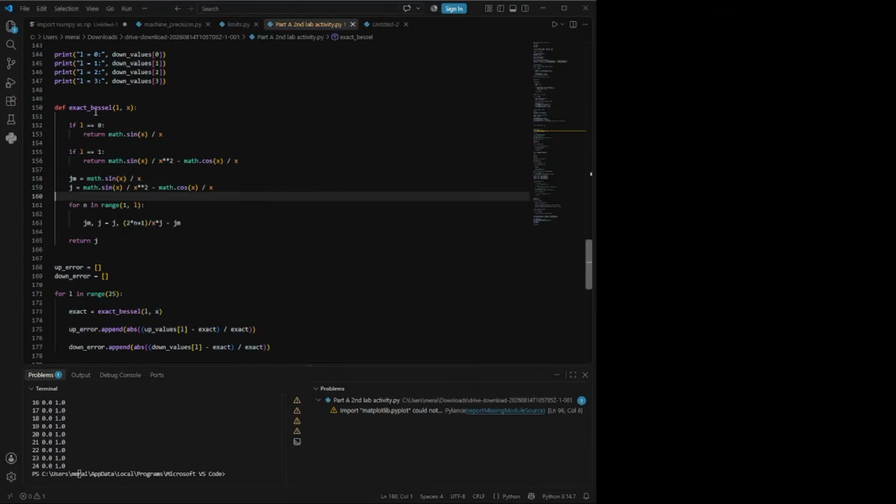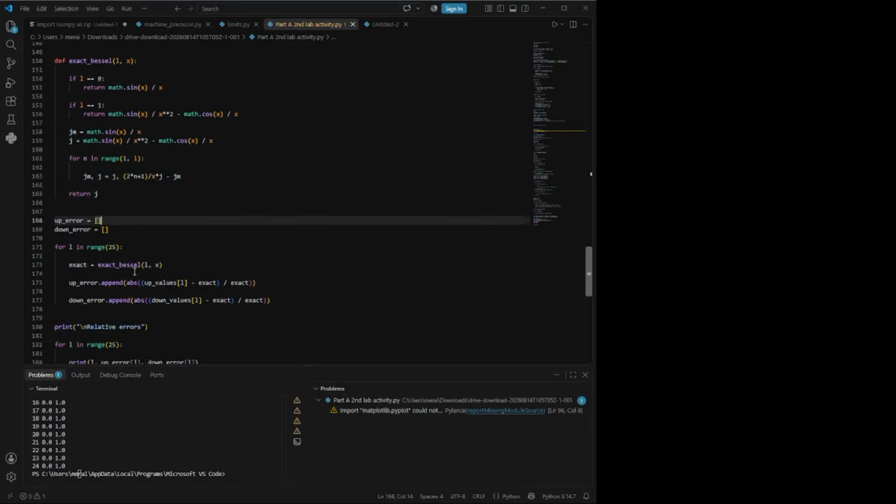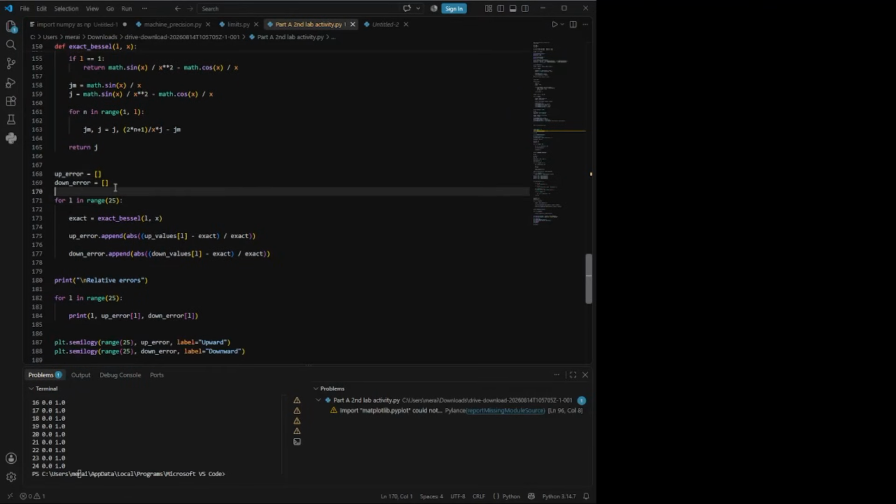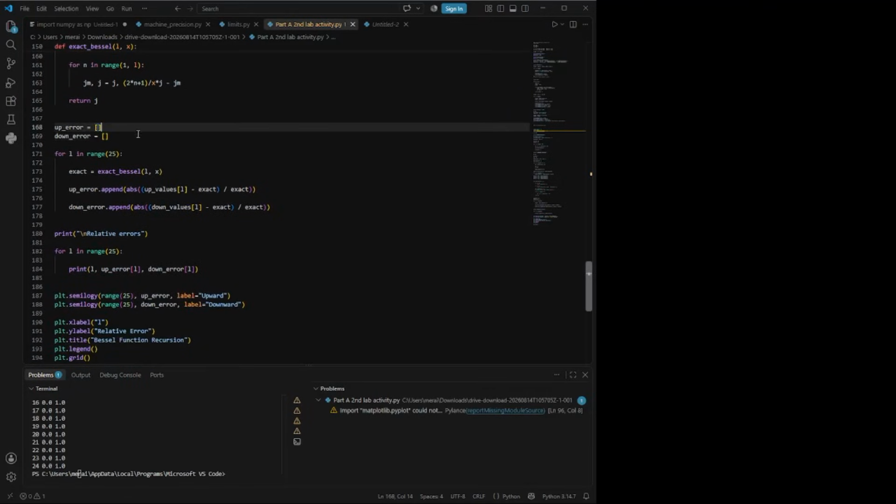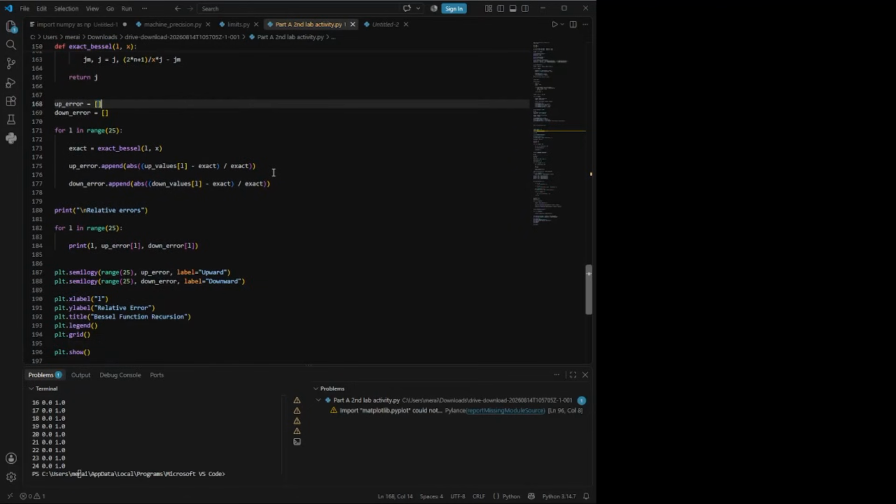Basically this is my function for my exact Bessel. Now for n in range 1 until 2L, then my j, my variables right here, then return the j. Now I will put in my upward error and downward error.